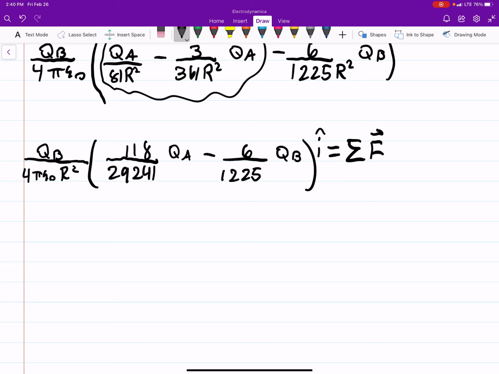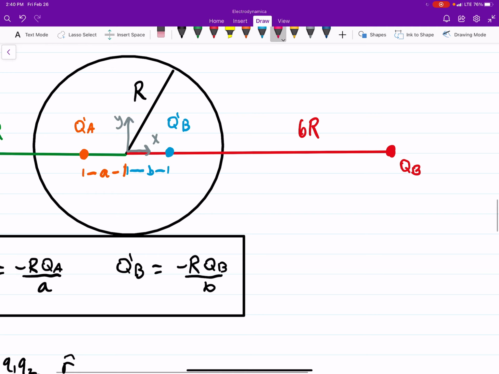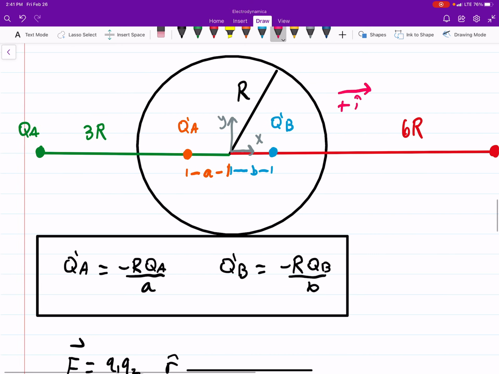Well, if QA is bigger than QB, because this number is bigger than this number, so long as QA is greater than QB, then we're going to get a positive number, which means QB will be accelerated in the plus i hat direction, which means it'll be repelled away from the sphere. Okay, so that's basically the problem.